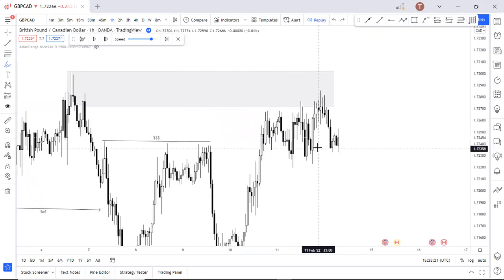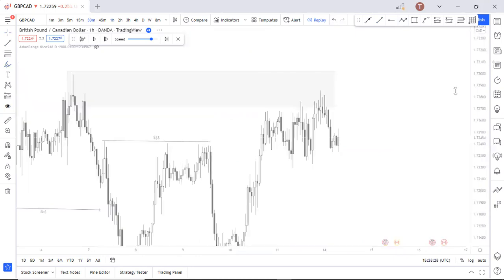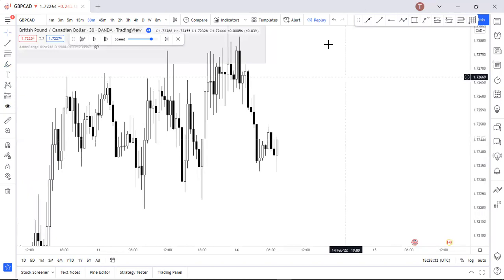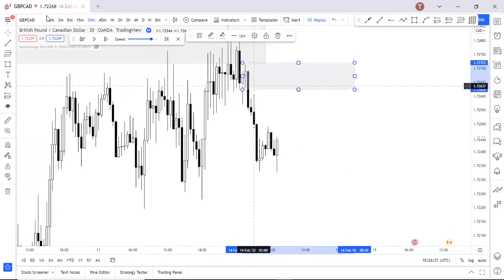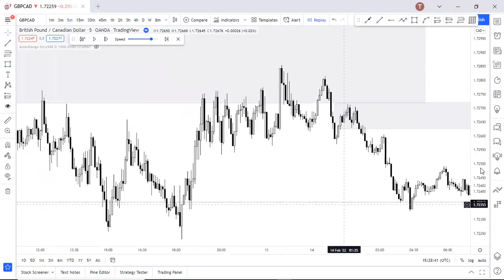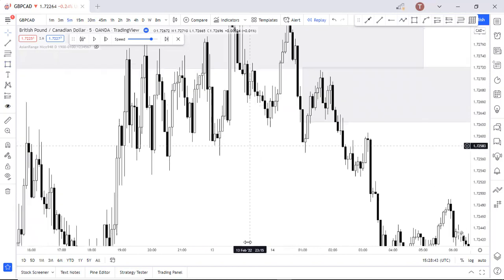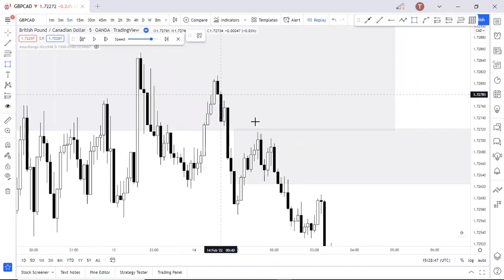an entry for a sell opportunity, and I went down to the 30 minutes time frame, and on the 30 minutes time frame, I was able to see an unmitigated supply zone. But on getting to the 5 minutes time frame, just above it, I was able to notice yet another unmitigated supply zone.